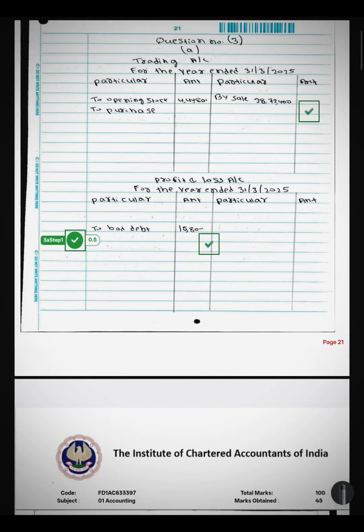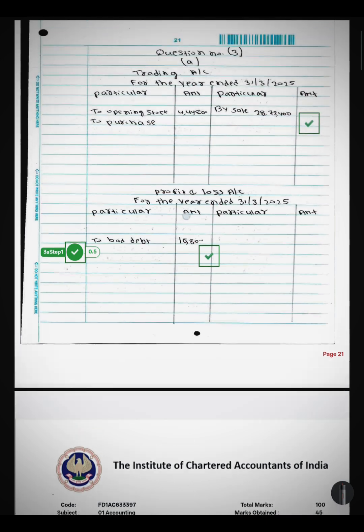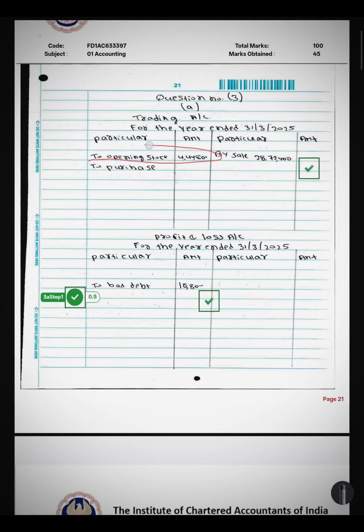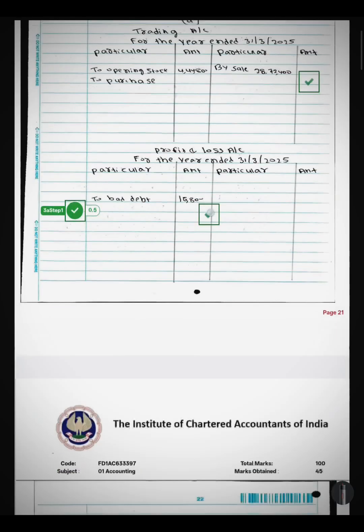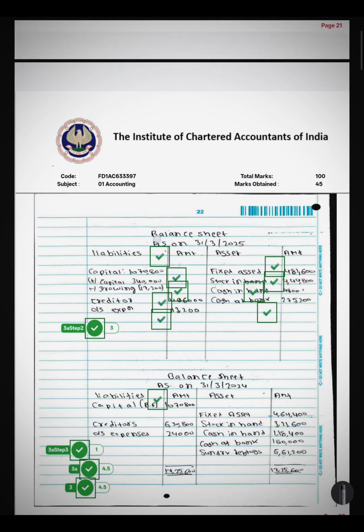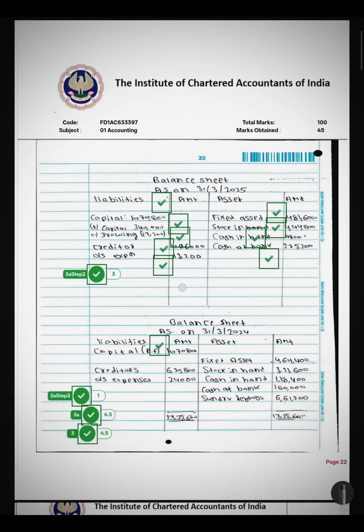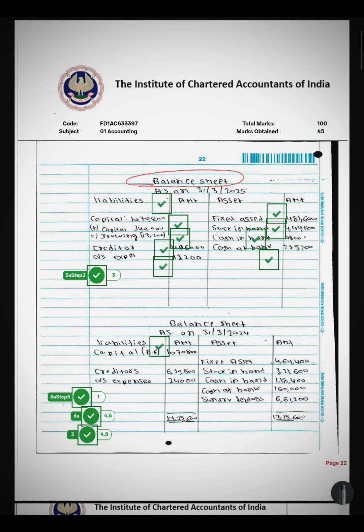So as you can see here, I just tried to do this. I just wrote what I knew in the format here, and for that the teacher has allotted me 0.5 marks here. And this is the part of the working note, and this I knew, to make the balance sheet of the previous year. So what I did was I just made what I knew here.